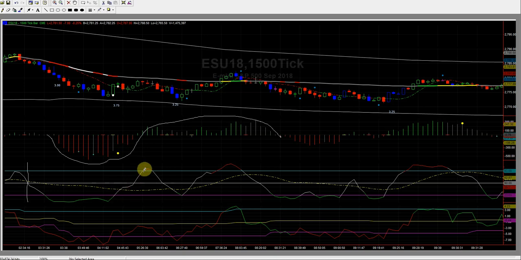Price does go up, but you can see from the position of the sentiment line, it's still coming down, and it's still in the lower half of the oscillator. This is the upper bound, lower bound, and this is the mid bound. So it's in the lower half of the oscillator. And you can see it only moved up to the resistance line, was oversold at resistance, and couldn't go above it.